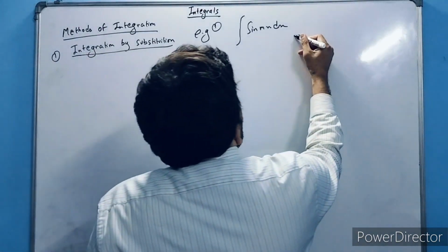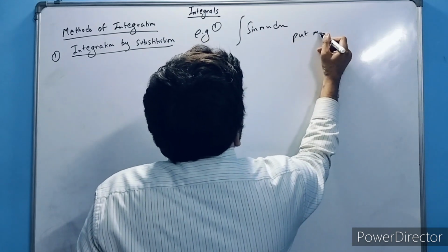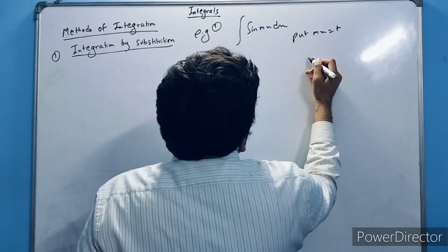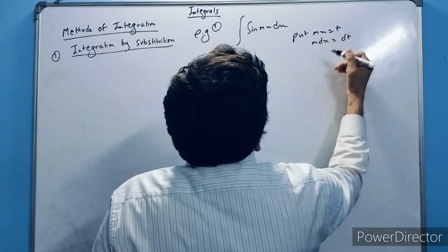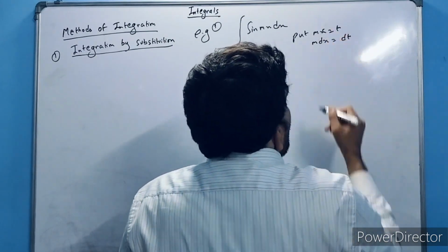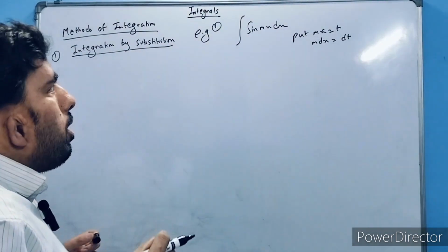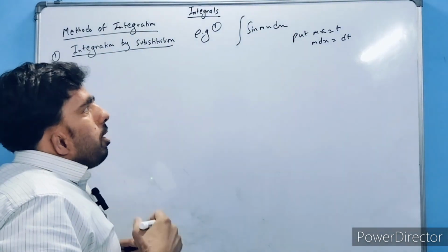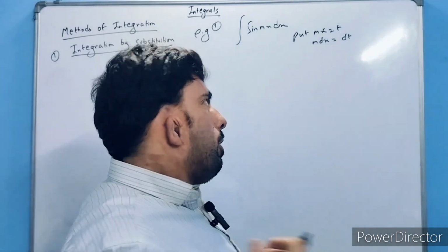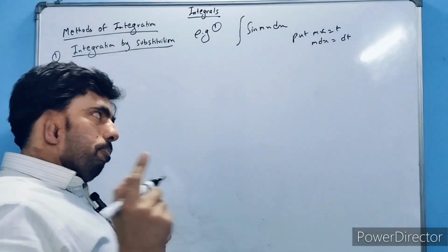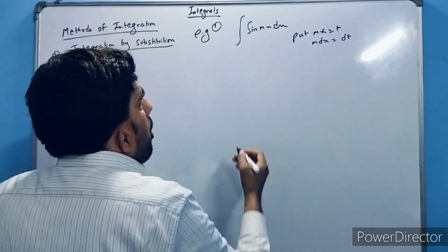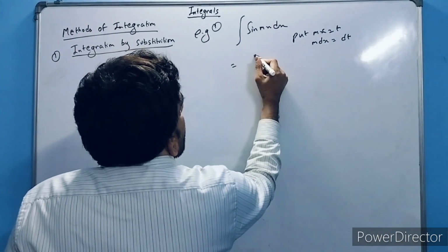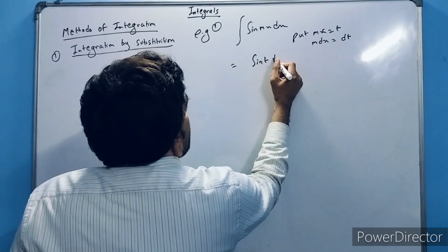Put mx equal to t, so that m dx equals dt. We all know that m is a constant, so we put it aside and differentiate x with respect to x, which gives only 1. So dx is equal to dt by m. Now we put in the value: sin t dt.